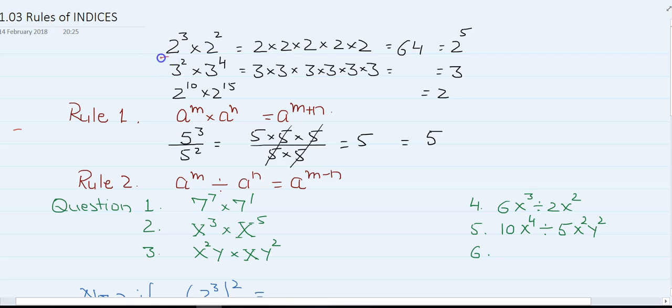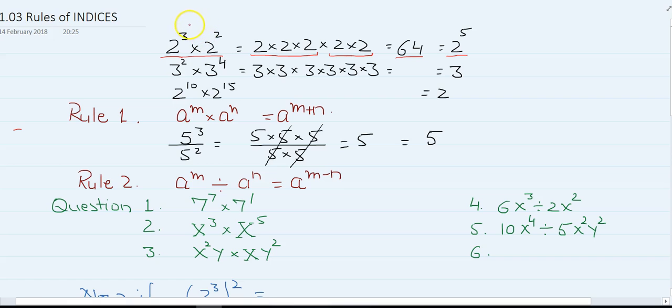Let's multiply 2 to the power 3 multiplied by 2 to the power 2. 2 to the power 3 means we have to multiply 2 three times, and 2 squared means we have to multiply 2 two times. If you multiply 2 three times and 2 two times, it will be 64, and we know 64 can be written as 2 to the power 5.